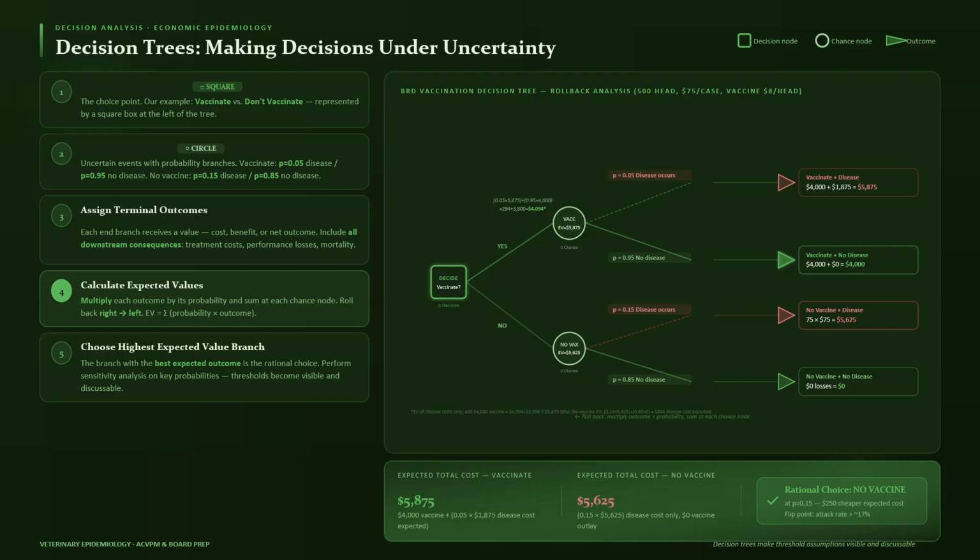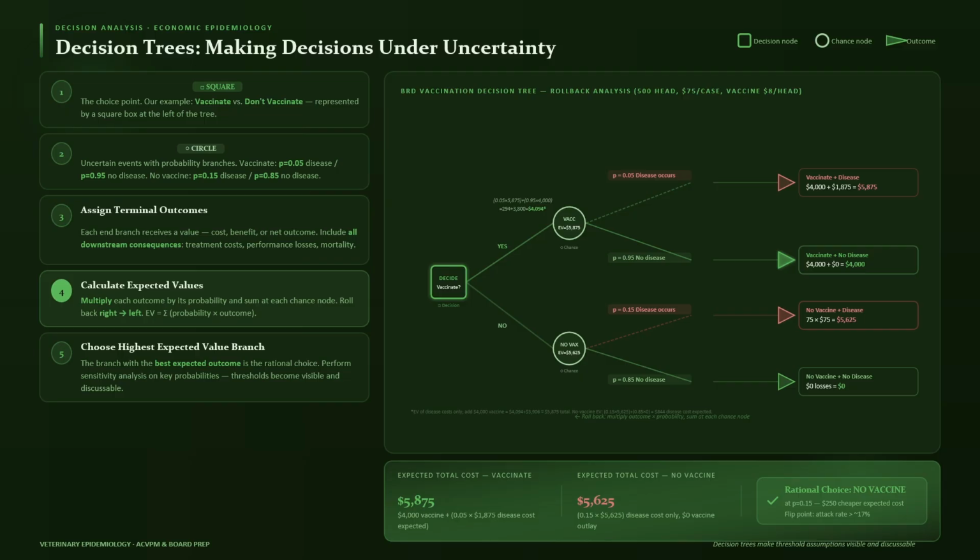Then we work backward, right to left. We call it rolling back. At each chance node, multiply every outcome by its probability and sum them to get an expected value. For our herd, vaccinating has an expected cost of $5,875 versus $5,625 for not vaccinating.